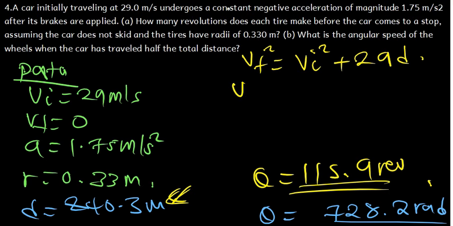So what is the final velocity? The initial, we have been told, is 29 squared plus 2. The acceleration is negative. It's negative because it is decelerating now. Okay, so I'm going to say negative 1.75.